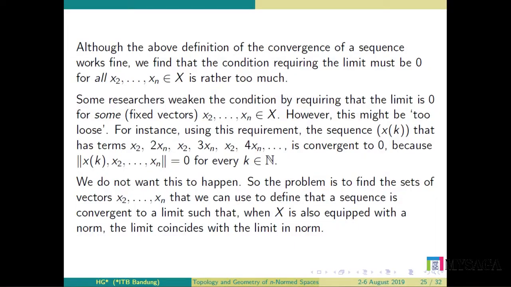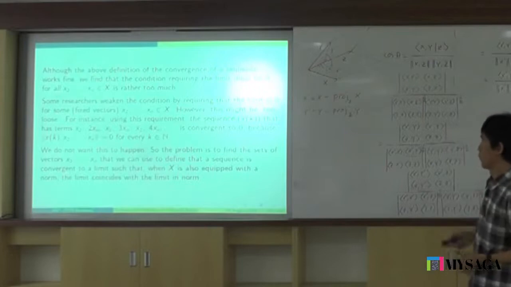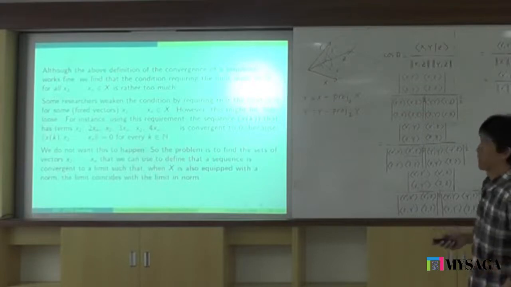So we want to reduce the testing vectors such that when x is also equipped with a norm, the limit coincides with the limit in a norm, or if x is equipped with inner product, the same thing also happens. So at least when x is equipped with the norm, like in LP or some other spaces that we know.